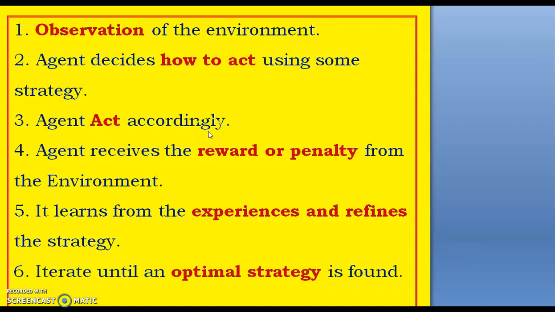The agent acts accordingly and receives a reward or penalty from the environment. It learns from the experiences and refines the strategy. Iterate until an optimum strategy is found. So reinforcement learning is a continuous process, and it is learning from the error.